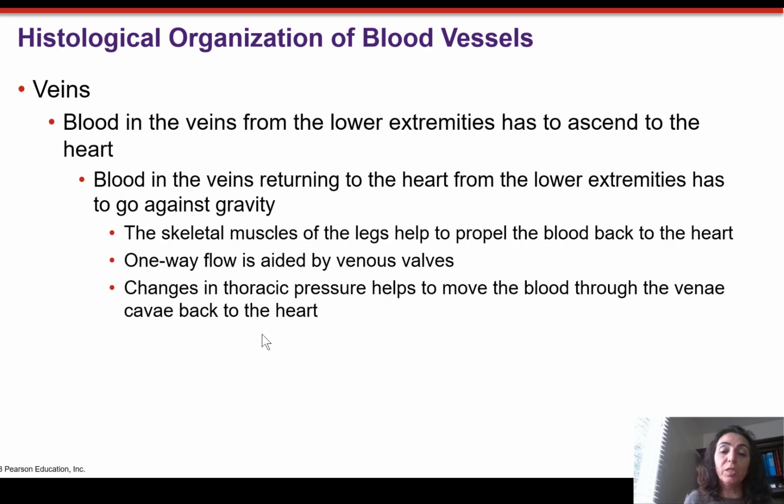So venous return is the third factor that helps the return of the venous blood toward the heart. So these are three factors that you need to know, that they are helping the return of the blood from all over the body against gravity toward the heart.